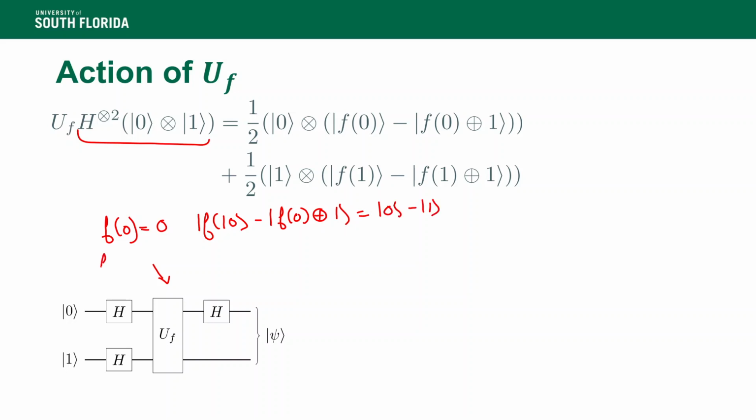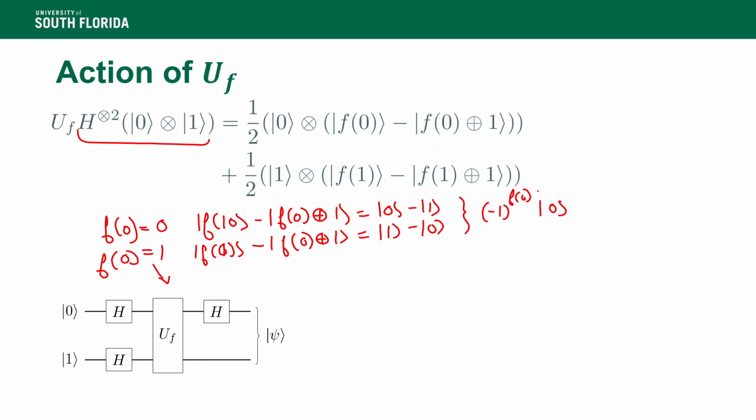On the other hand, if f(0) equals 1, then the state |f(0)> minus the state |f(0) XOR 1> is going to be equal to |1> - |0>. So altogether, we always have (-1)^f(0) times (|0> - |1>).